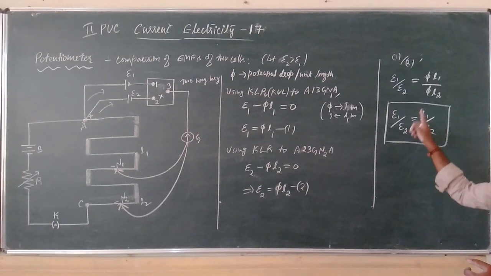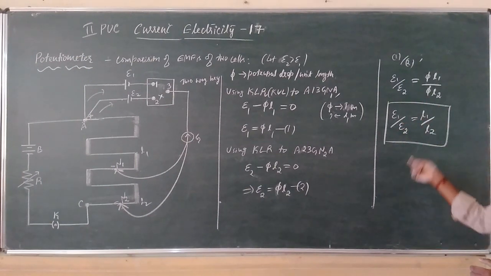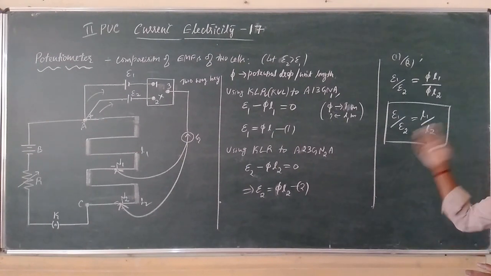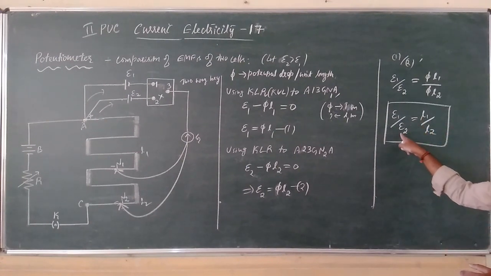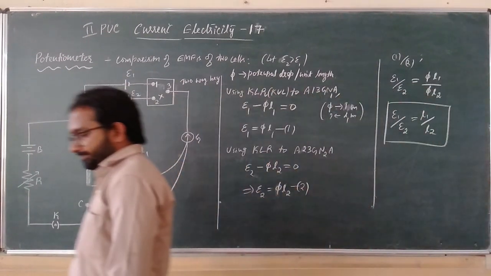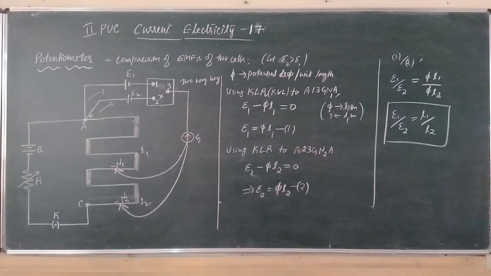If E2 is to be calculated and E1 is known, then using this equation we can also calculate E2. In general, you can compare the EMFs of two cells using a potentiometer.